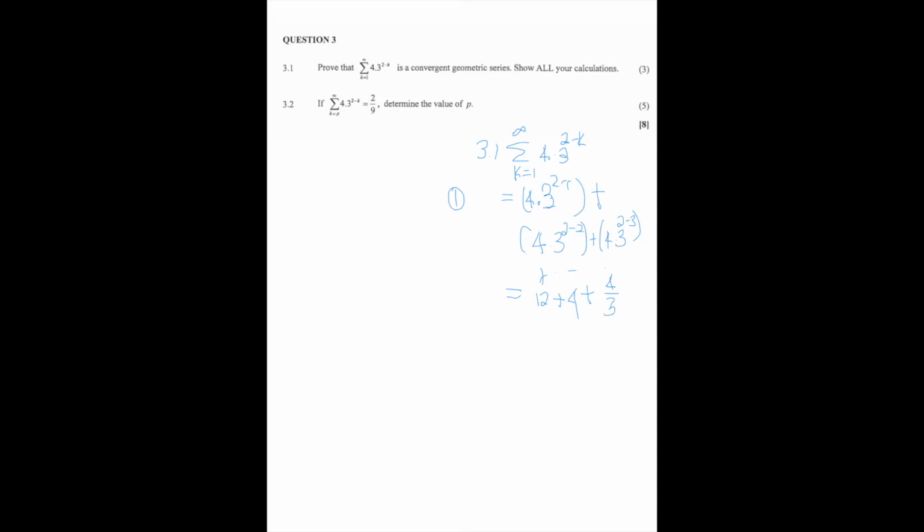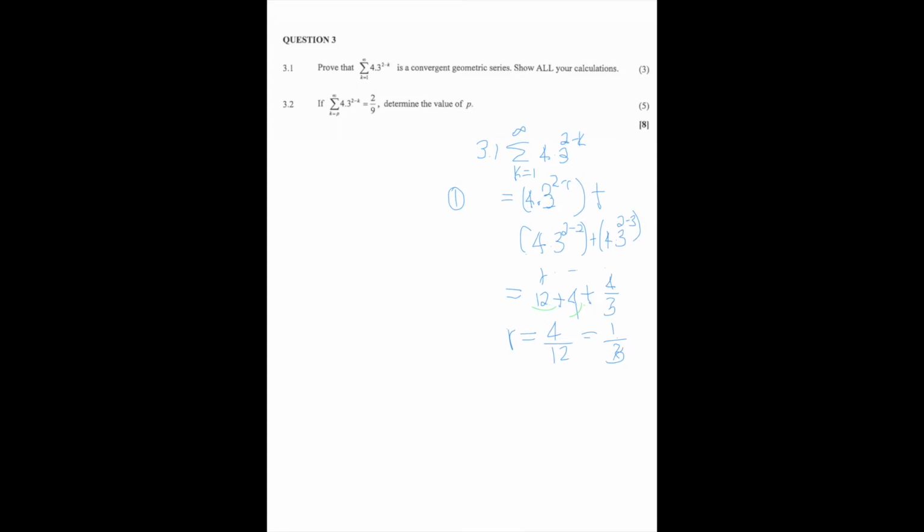In order to find our common ratio r, we can say the second term divided by the first term. So this would be 4 over 12, and of course this is 1 over 3. And you can prove that this ratio r is constant.